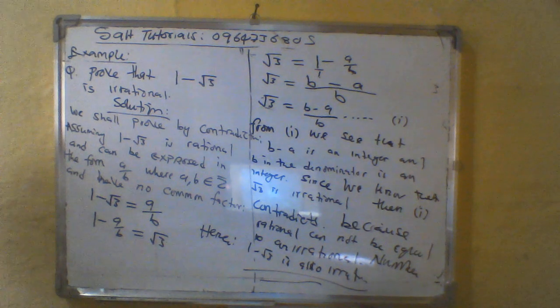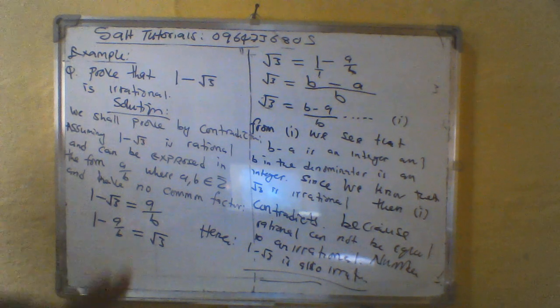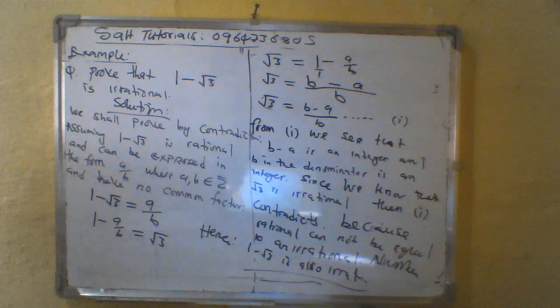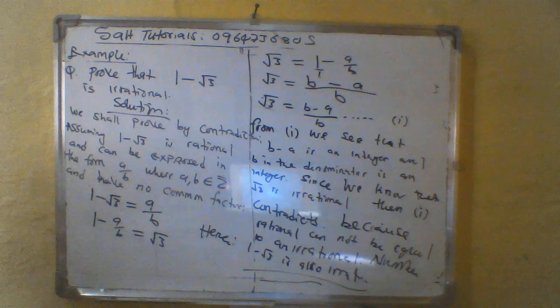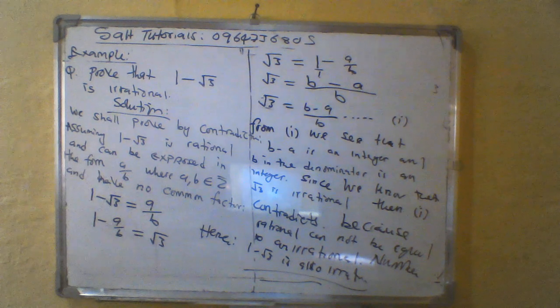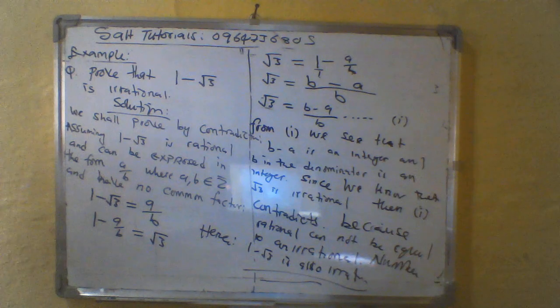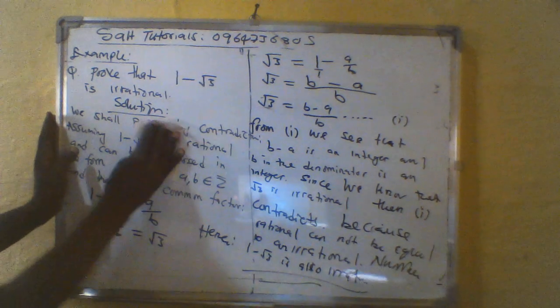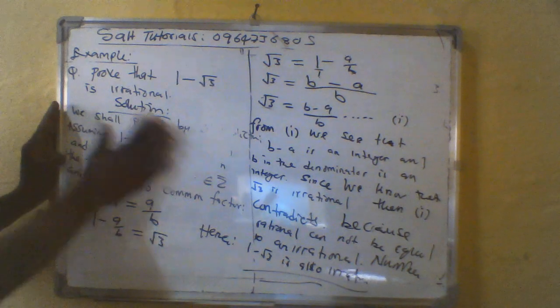So any question which involves proving that numbers are irrational, what method are we using? We are using the method of contradiction. So the exercise which you can submit in our inbox is as follows.